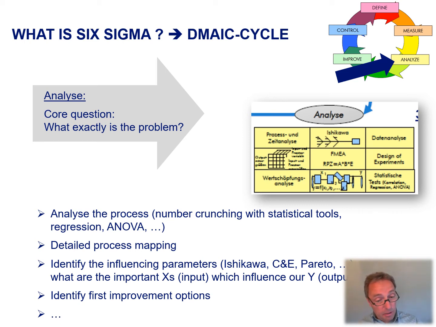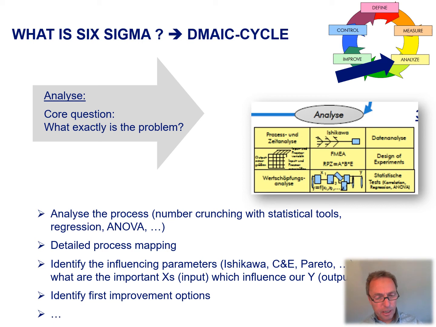We need maybe a detailed process mapping. We have to identify the influencing parameters. There, Ishikawa could help us for sure. The cause and effect matrix will help us in combination with the Pareto diagram.